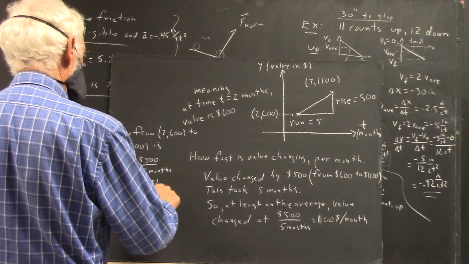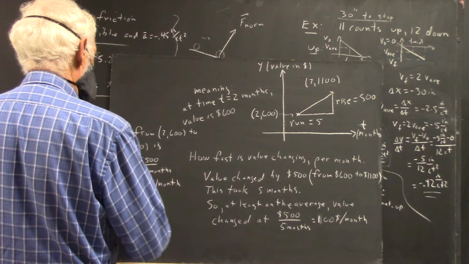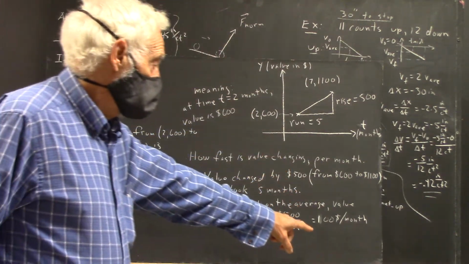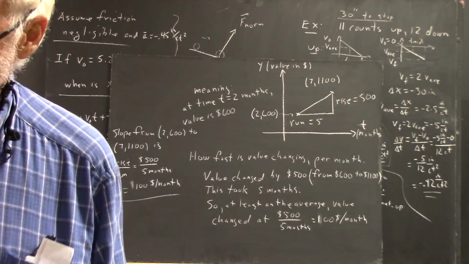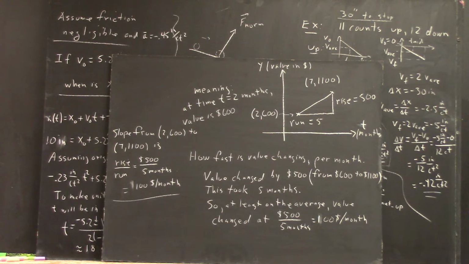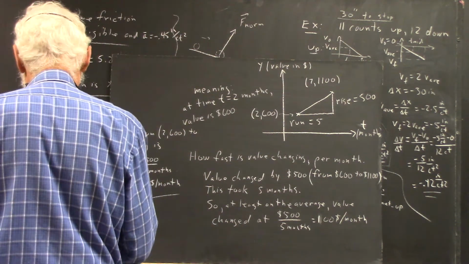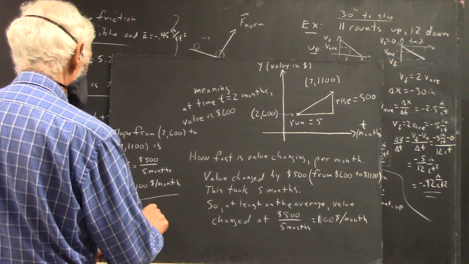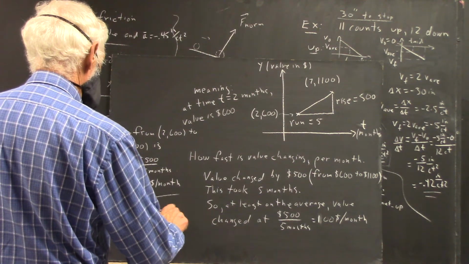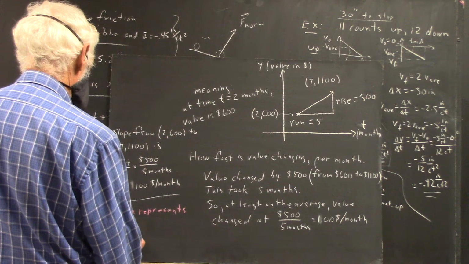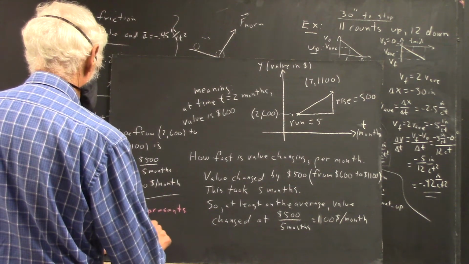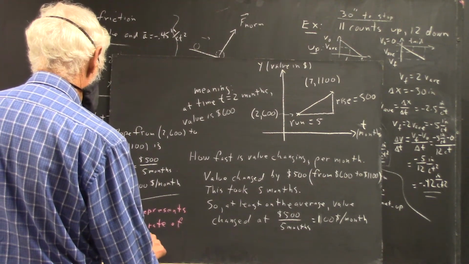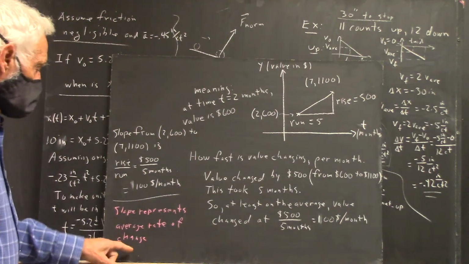I'll write it as $100 per month. The slope of the graph represents how quickly the amount of money is changing. So the big deal is the slope represents the average rate of change.